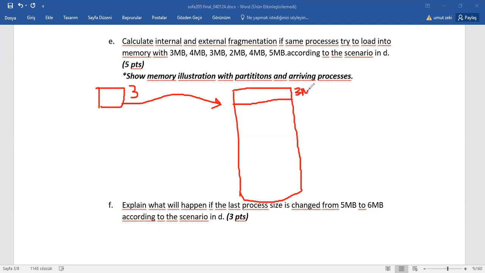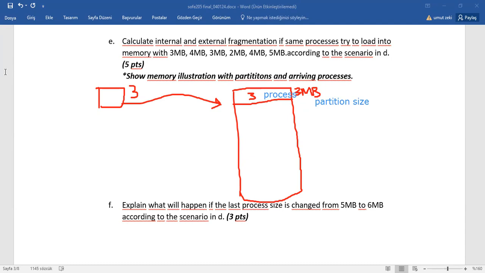So this will exactly fit this place. Here our process will be with 3 megabytes. Do not confuse, this 3 megabyte is the partition size. This 3 is the process.